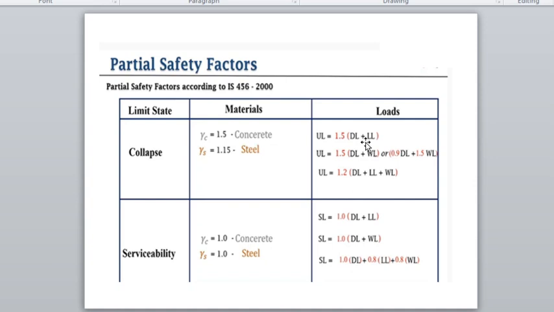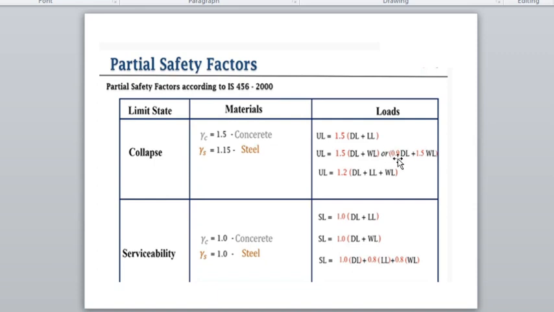So according to the Indian standard, we will be finding out the load combination based on this table. That means these are the three combinations. First one, I will add the live load and dead load, multiply it by 1.5, which will give us some value. I will design for this value. Okay. Next one, I will take another load combination, 1.5 into dead load plus live load, or 0.9 into dead load plus 1.5 into live load.